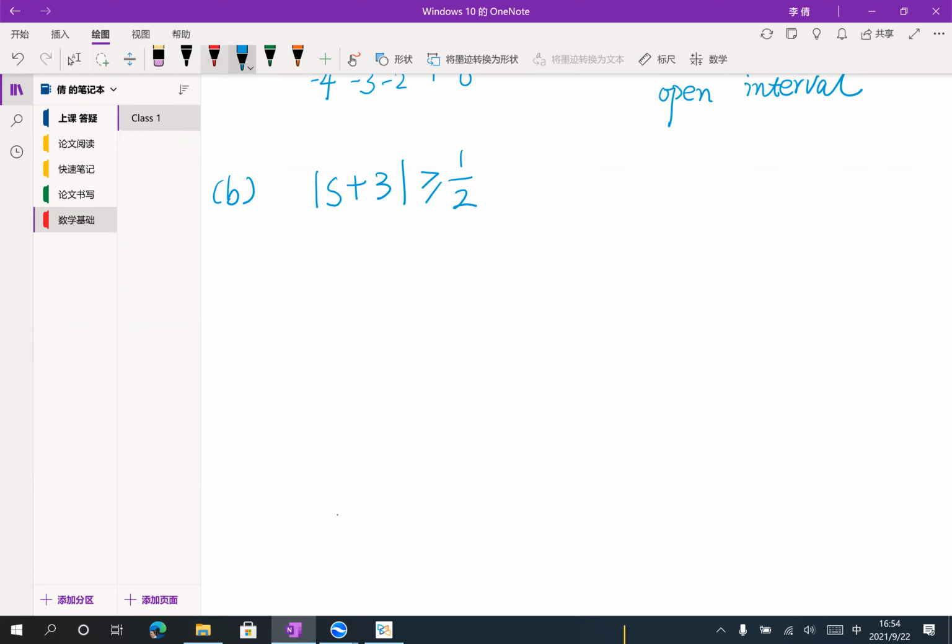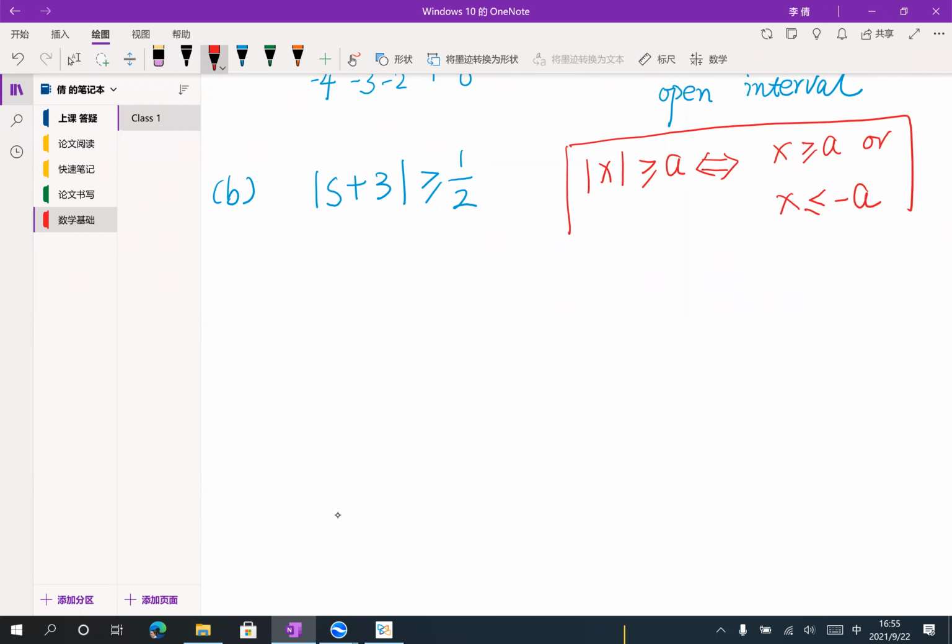To solve this inequality, we will use this property: the absolute value of X is larger than or equal to A if and only if X is larger than or equal to A, or X is smaller than or equal to -A, right? Using this property, we can get a solution like this.